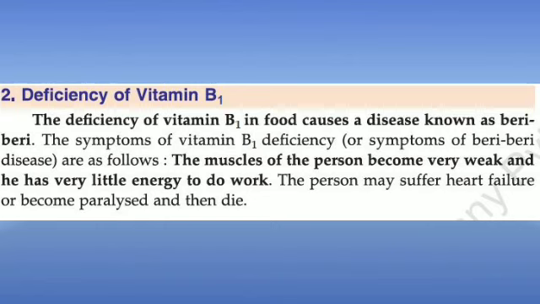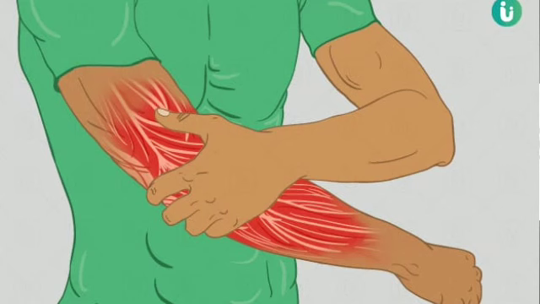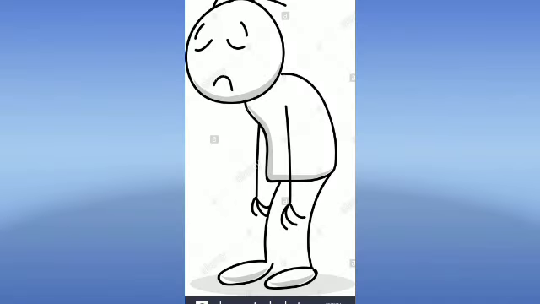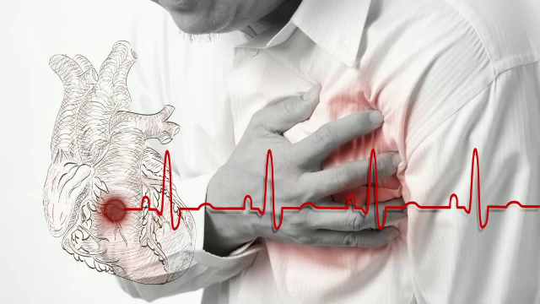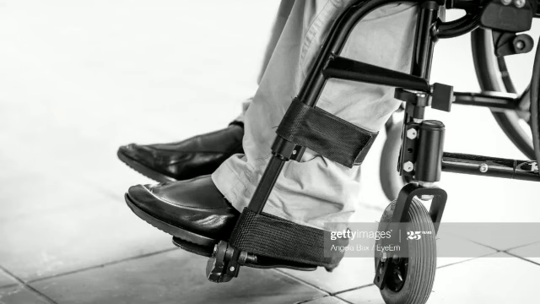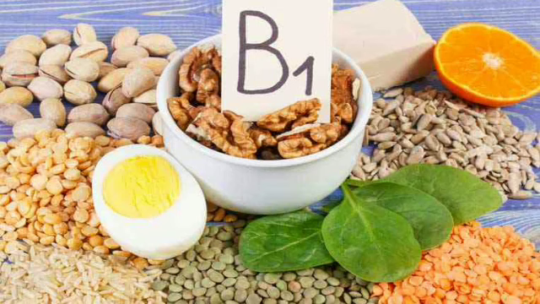The symptoms of beriberi are as follows. The muscles of the person become very weak and he has very little energy to do work. The person may suffer heart failure or become paralyzed and then die. Eating food like milk, eggs, potatoes, yeast and green vegetables can prevent beriberi.